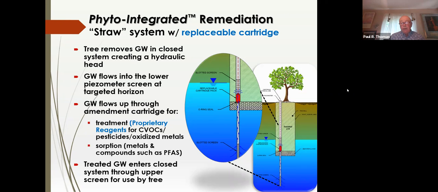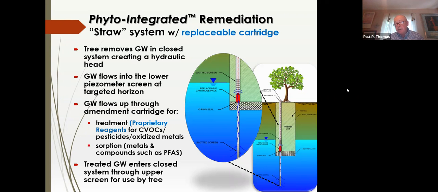So if we have groundwater that's at 100 or 150 feet, we need to have a well screen down where that contaminated water is. And we need to have that pass up into the TreeWell unit with a secondary screen that's inside the unit that allows water to come in the bottom screen and come out the top screen, providing water for the tree that's planted in the top to use.